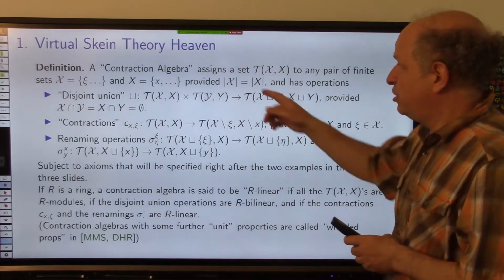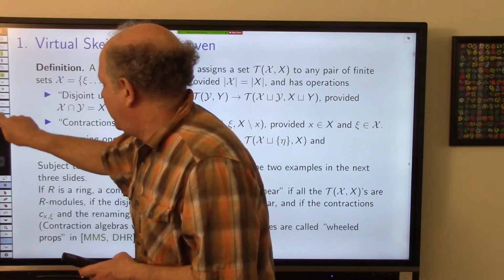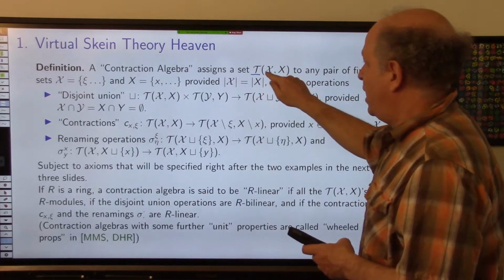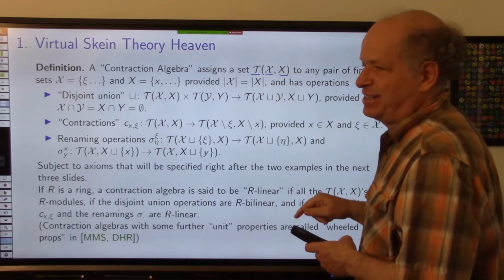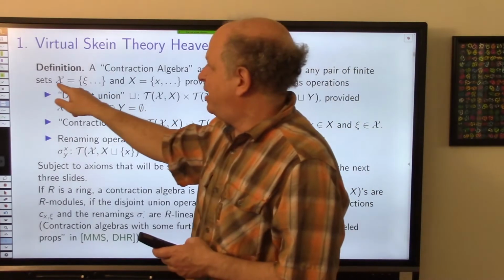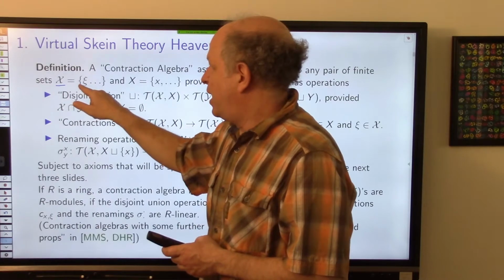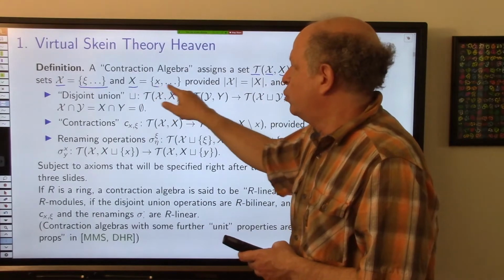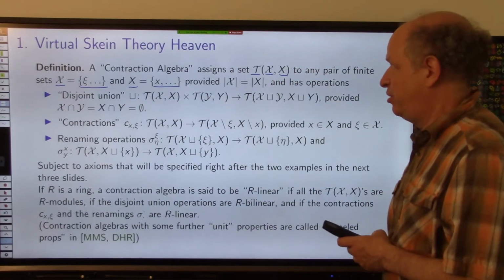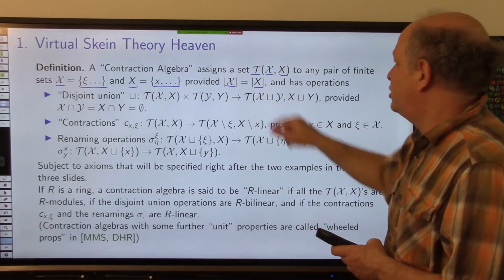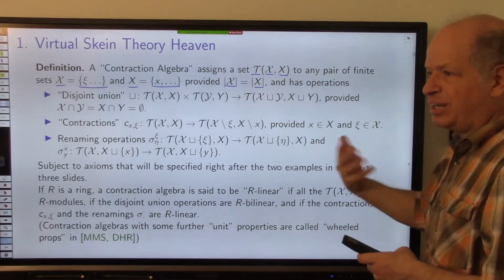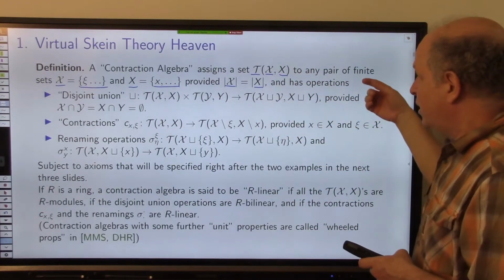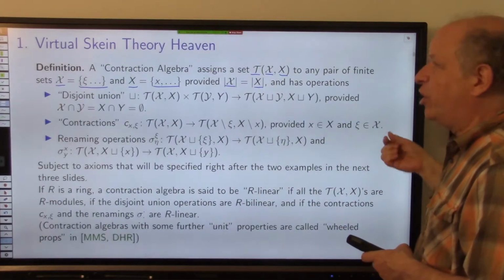It's an assignment which assigns a set, let's call it T, of calligraphic x and x to any pair of finite sets, calligraphic x whose elements will be denoted by Greek letters, and uppercase x whose elements will be denoted by Latin letters, provided these two finite sets have the same cardinality. So it's a big assignment of sets to finite sets.